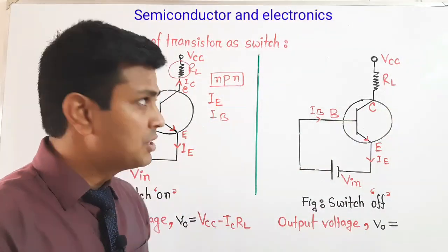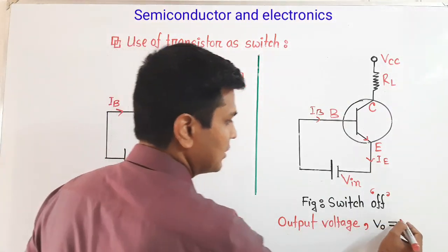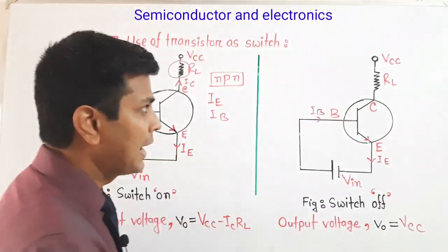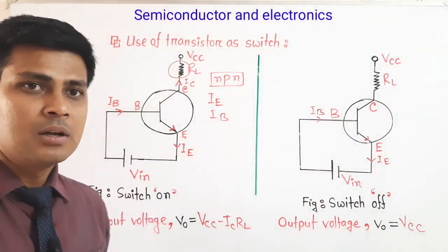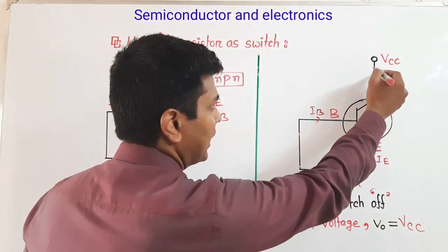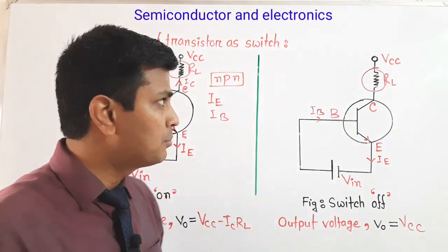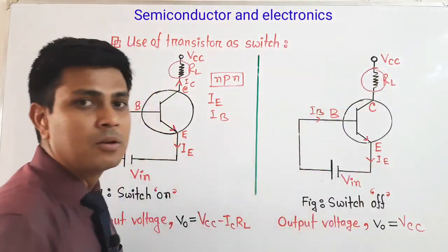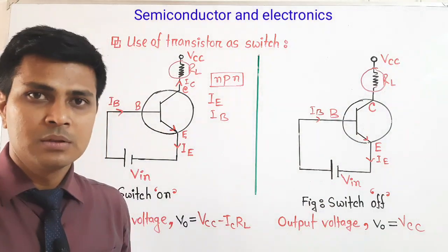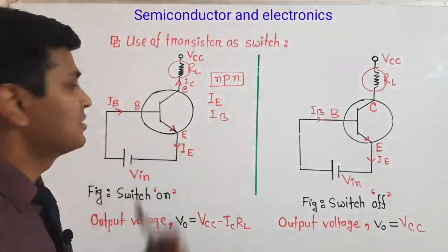Due to this, in output voltage we get only VCC because there is no voltage drop across the load resistance. That is why we don't get any current flowing through the load, and we don't get any voltage drop. So if we consider this is a bulb, this bulb will not glow, and this is the switch off condition of the transistor.